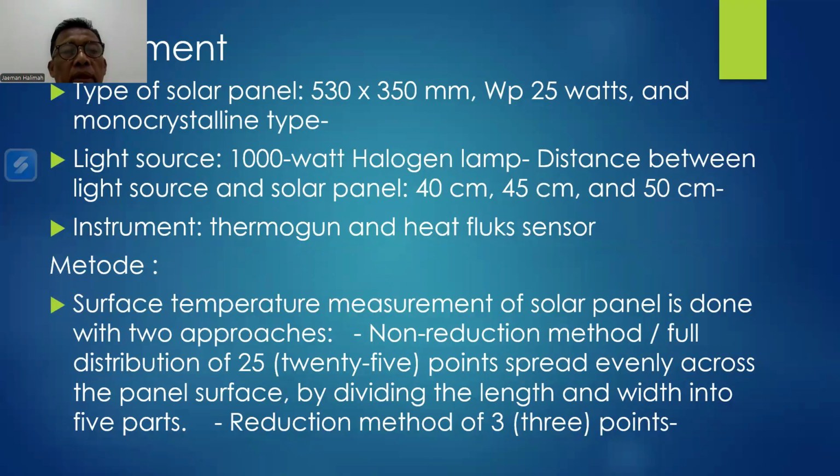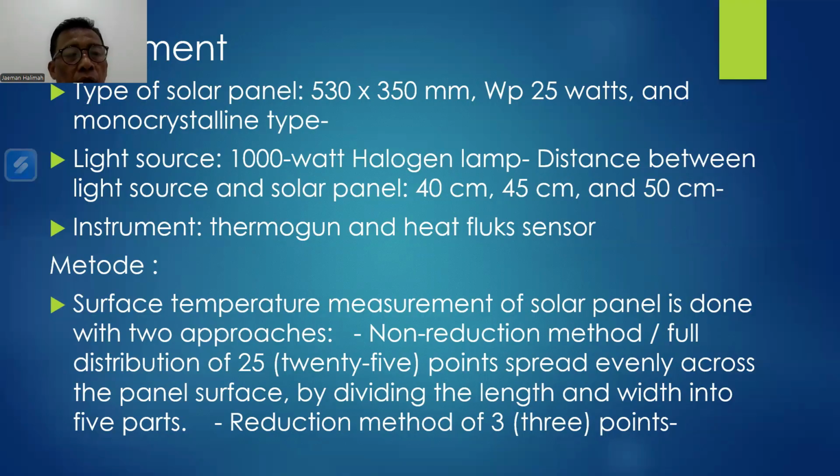The light source is 1000 watt halogen lamps. The distance between the light sources and the solar panel is 40 centimeter, 45 centimeter, and 50 centimeter. Instruments: thermogun and heat flux sensor.